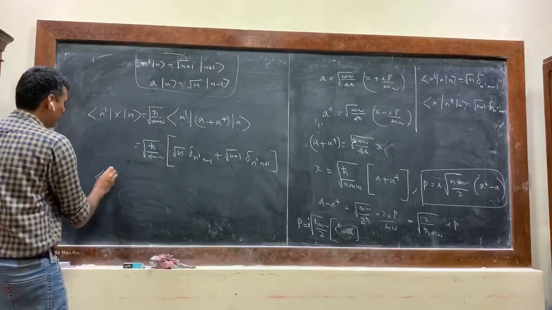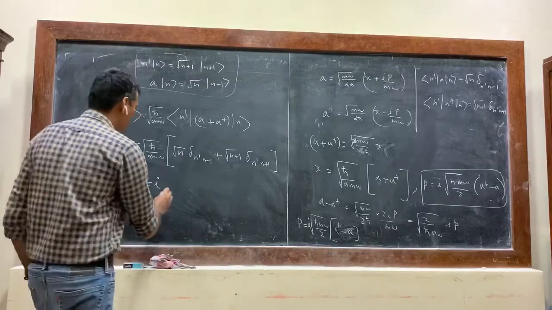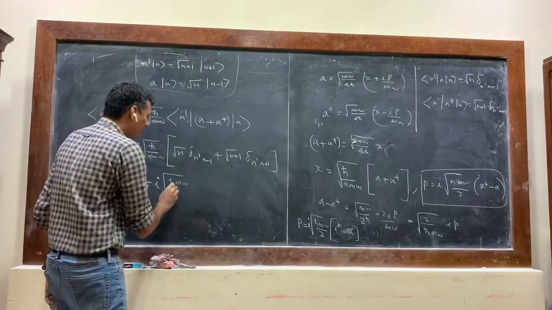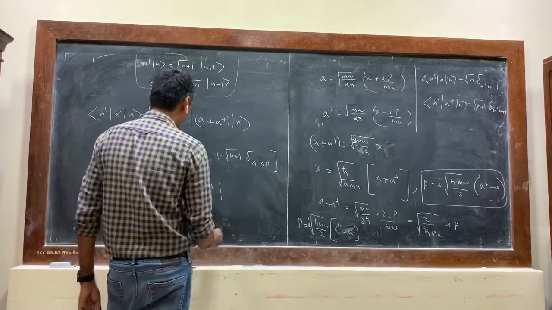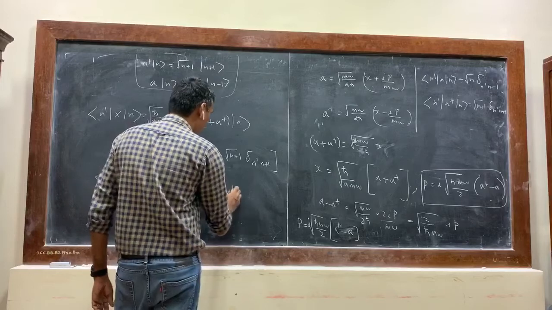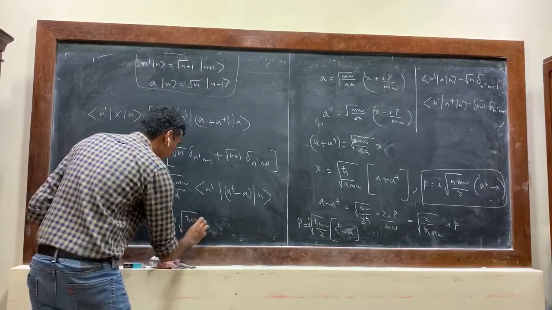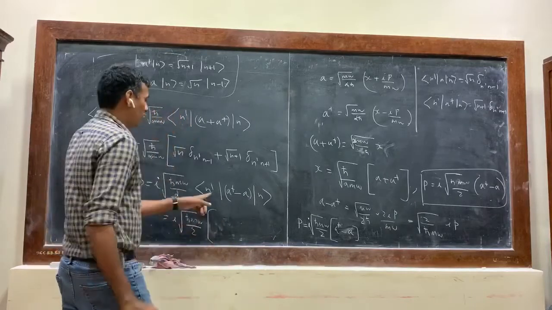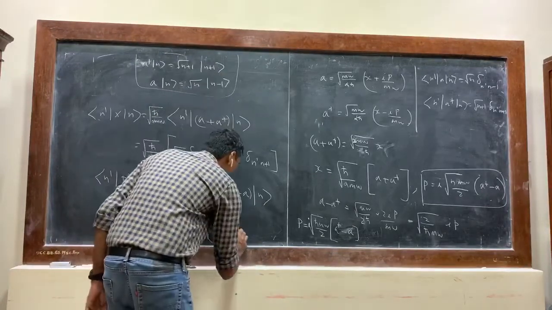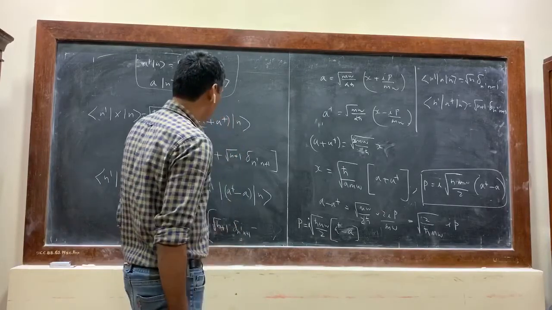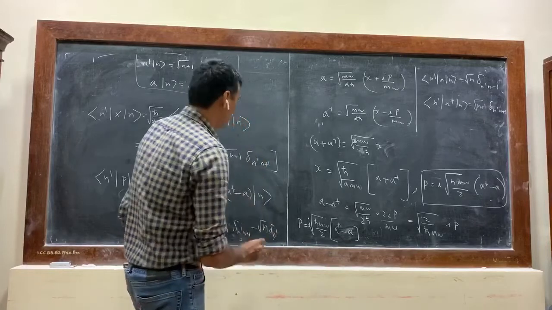And similarly, you can evaluate ⟨n'|p|n⟩. Again, that is equal to, with an i coming out, i times square root of h cut m omega divided by 2 times ⟨n'|a dagger minus a|n⟩, which is equal to i times square root of h cut m omega divided by 2 times: ⟨n'|a†|n⟩ is square root of n plus 1 delta n' n+1, minus ⟨n'|a|n⟩ is square root of n delta n' n−1.